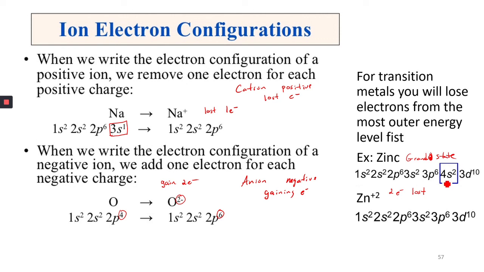The 4s, because this is a 4, is further away than the 3d. So we will lose these 2 electrons first, and that is why this is the electron configuration for our zinc ion. After you lose the 2 from the 4s, then you can start losing from the 3d. Even though we fill 4s first, then 3d, when we lose electrons, we lose 4s and then 3d. Okay? And that's it for part 4.